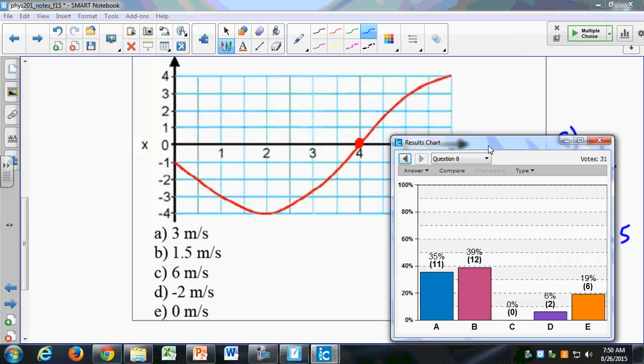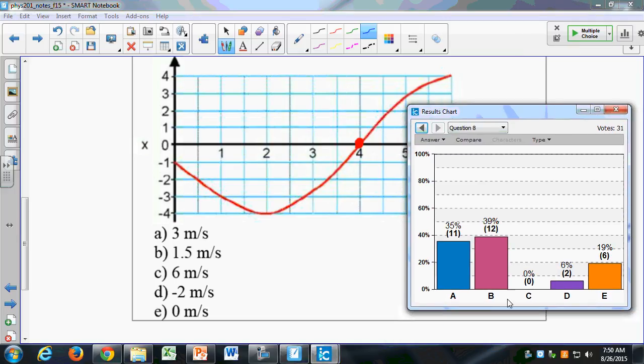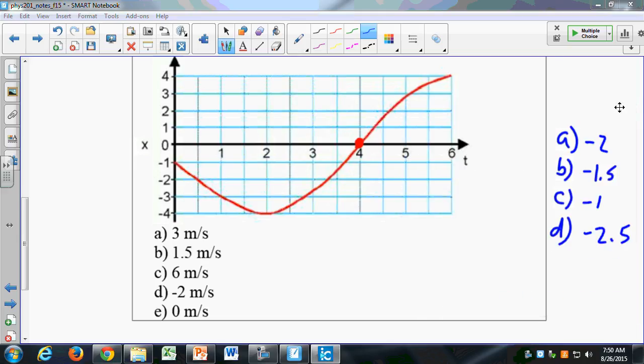Okay, looks like we're all over the board here, but it is either A or B. I'm going to go ahead and draw my tangent line here. If I draw my tangent line, it's going to look something like this. This curve is actually pretty straight at the 4-second mark, so my tangent line is going to look something like this.